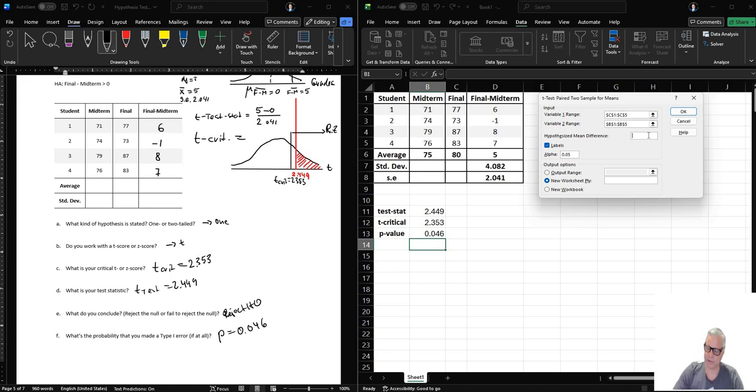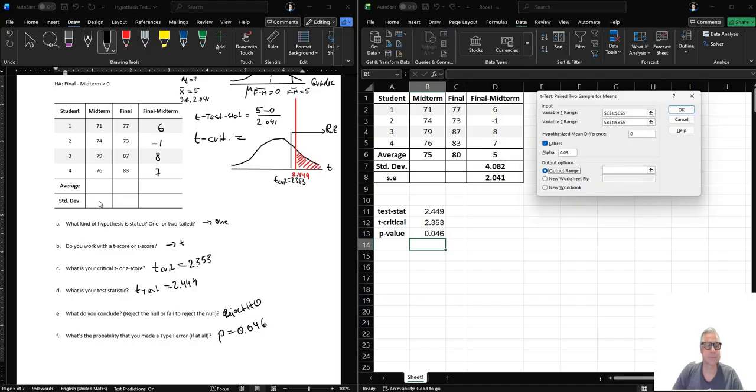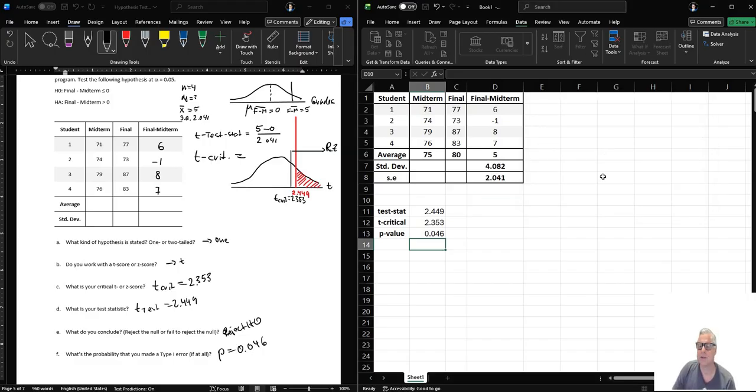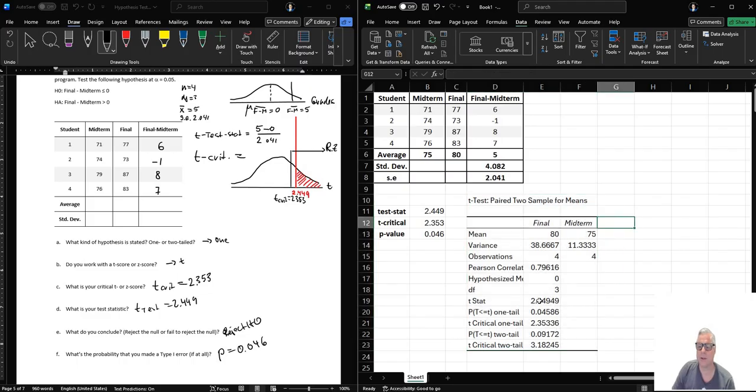Then the hypothesized mean difference is 0, and yeah, that is what we had in the problem set. And so the output range, I put it here so we can see it next to the calculations that we did. Just say OK.